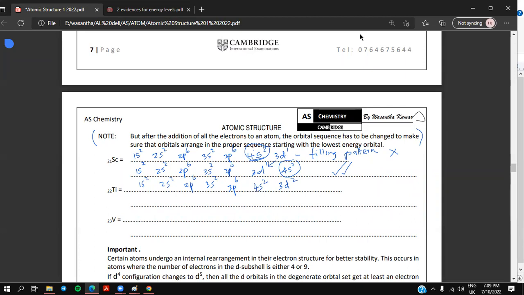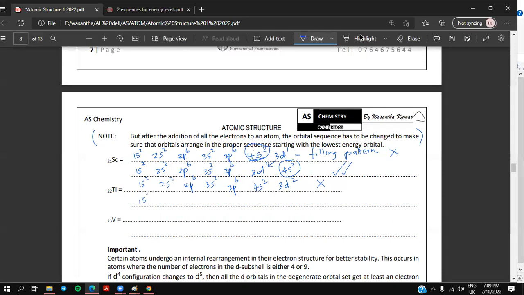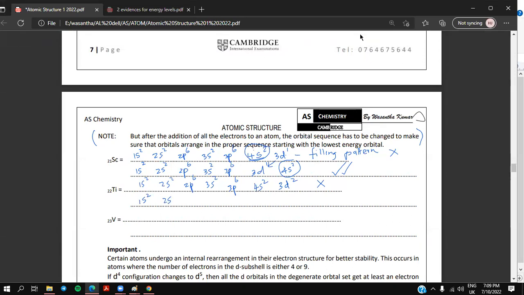But here the sequence of quantum numbers is a big mess. So we don't write this for the exam. For the exam, we write 1s2, 2s2, 2p6, 3s2, 3p6, bring 3d2 inside and 4s2 out. This is an accepted electronic configuration.